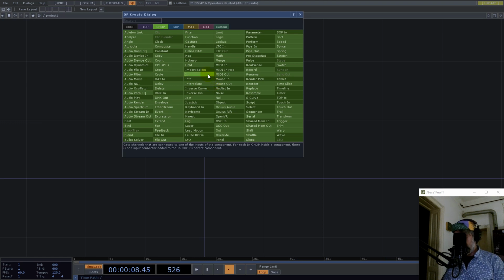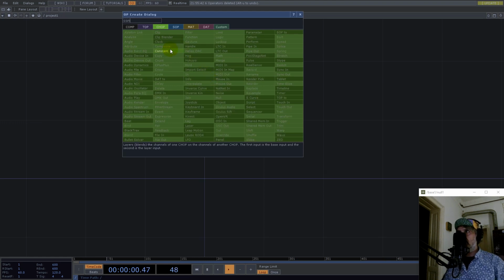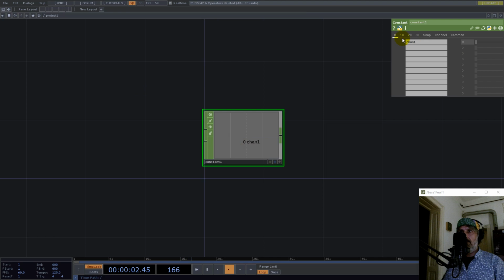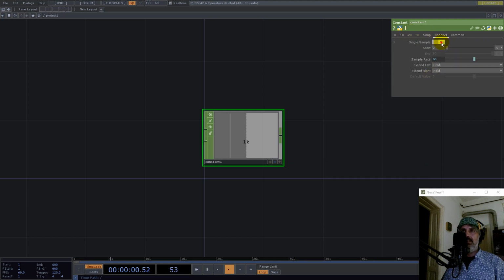So let's use a constant chop, and this is k, and it's now 1. And let's imagine we have a 3 cycles shell, and therefore we need 4 points.